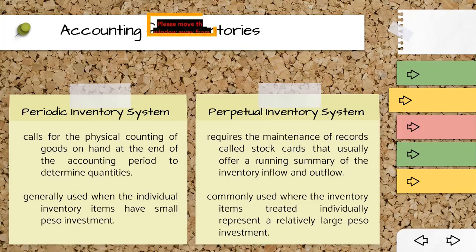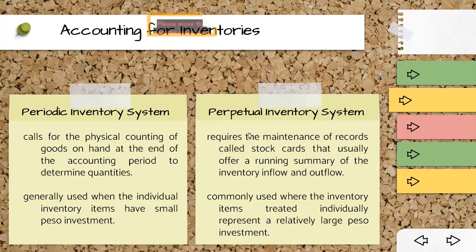So, say for example, pag meron tayong purchases, we debit it to inventory account. Kapag meron tayong sales, we credit it to inventory account also. Meaning, at any given point in time, you can just look at your records and makakakuha ka na ng information kung magkano yung ending balance ng inventory mo.